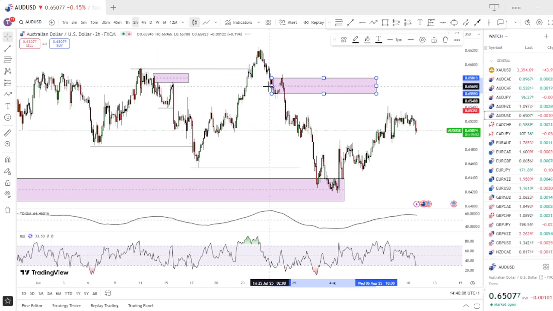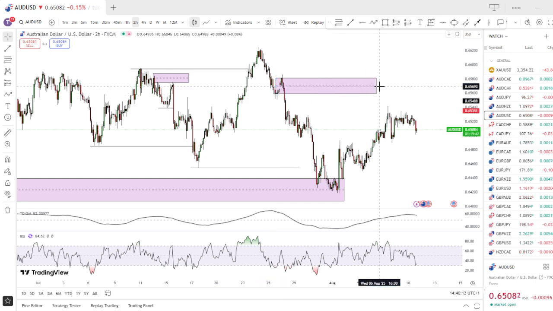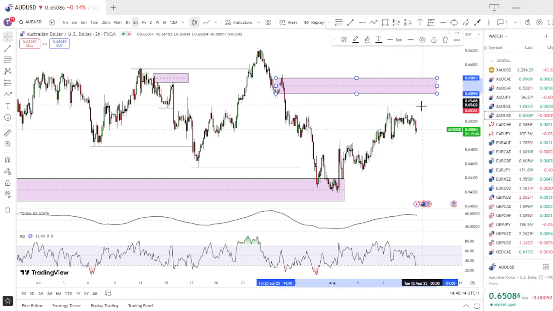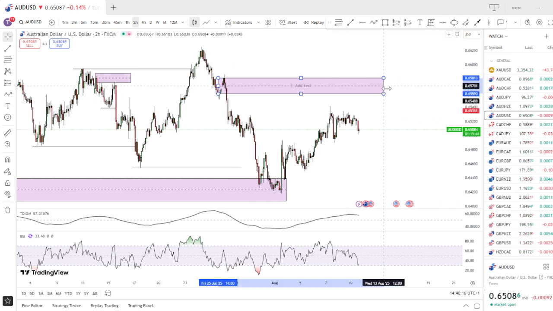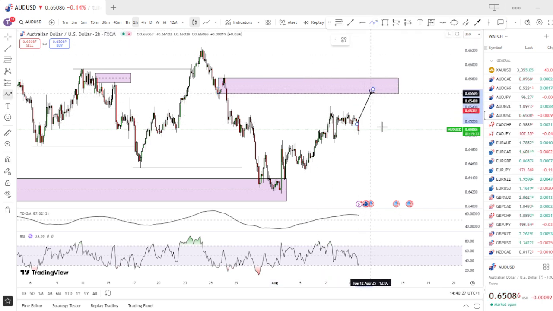So let's have this right now for possible sales on AUD USD. POI between 0.65813 and 0.65590. So what I'm expecting basically right now is buy to sell.